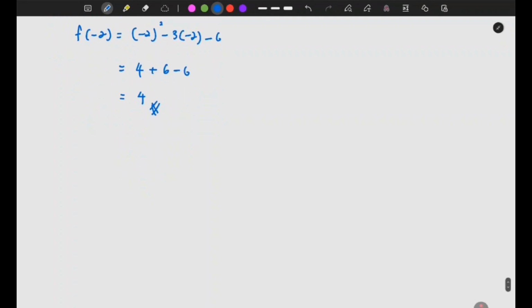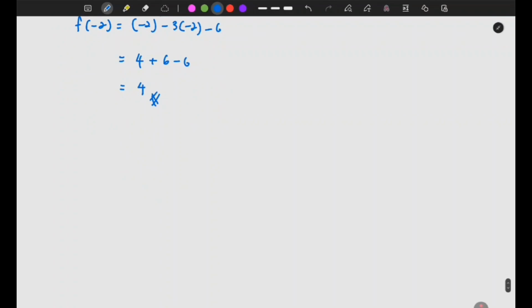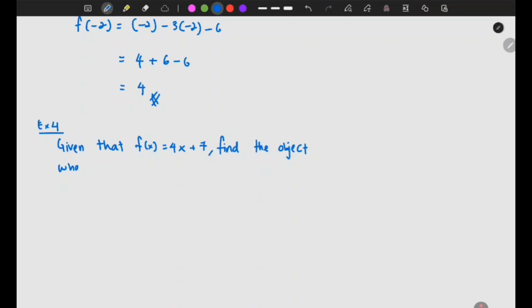Next, I'm not going to give you f(x) anymore, but now I'm going to use a theoretical wording. This will be example 4. Given that f(x) equals 4x plus 7, find the object when the image is 15.